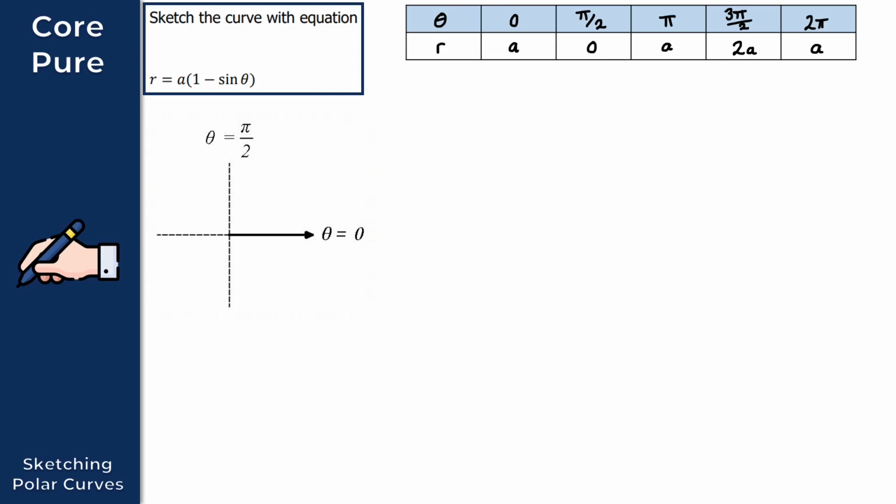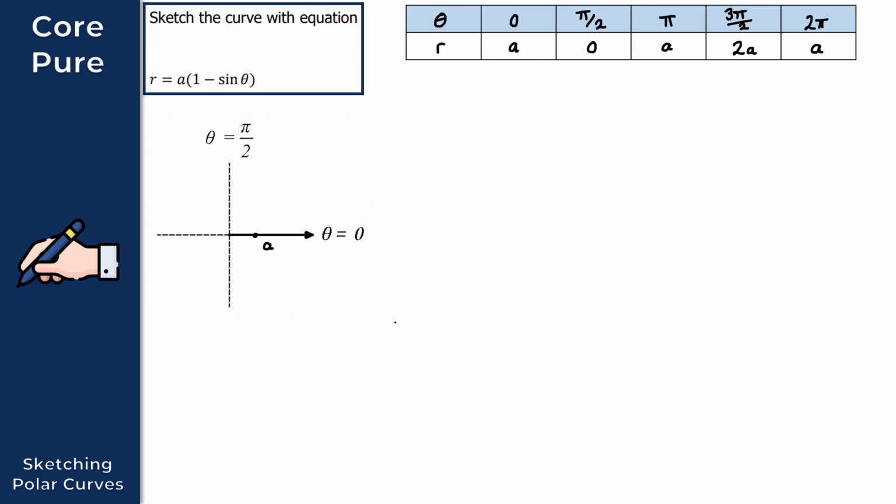Now that we have our table of values, we can plot our polar curve. Don't forget, we start with the initial line, theta equals 0. When theta equals 0, r is equal to a, so this would be here. For theta equals pi over 2, r is equal to 0.